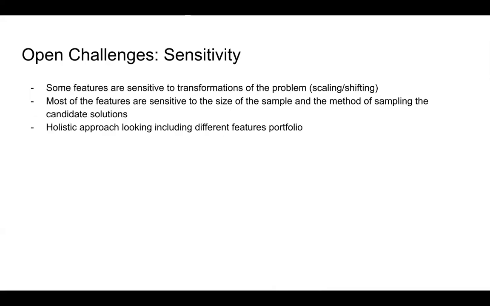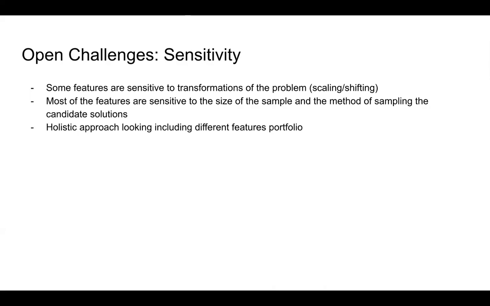I have saved the problems and challenges for the last slide, so I didn't discourage you from this link. But yeah, essentially the challenges that we are having most often with these features are related to sensitivity. So we have sensitivity to the sampling technique, so how you sample these points. In the case of the static problem features, we have sensitivity to the size of the sample.